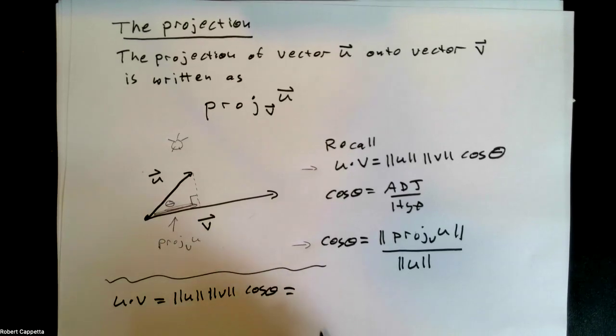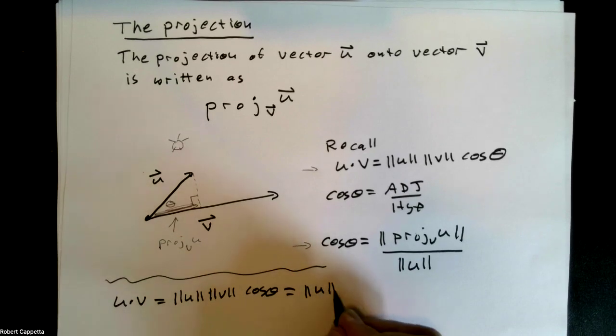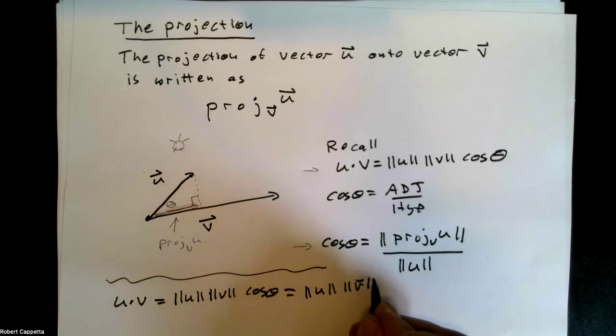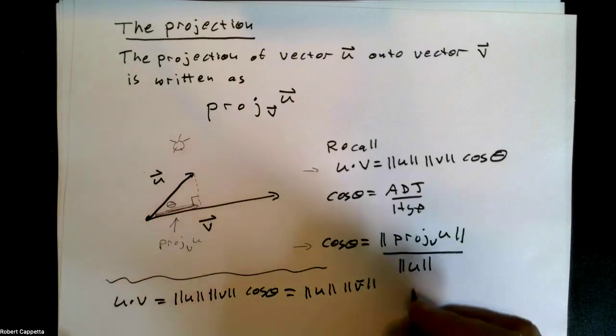Which of course we're just going to rewrite as magnitude of u, magnitude of v times what? What is cosine theta now? Cosine theta is the magnitude of the projection of u onto v divided by the magnitude of u.